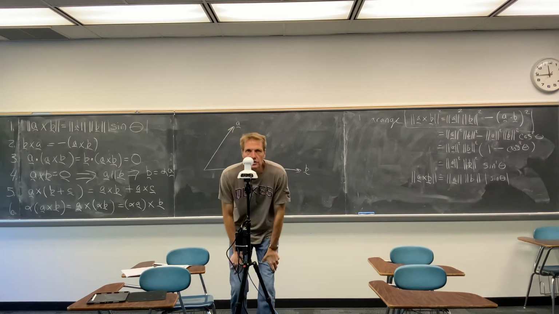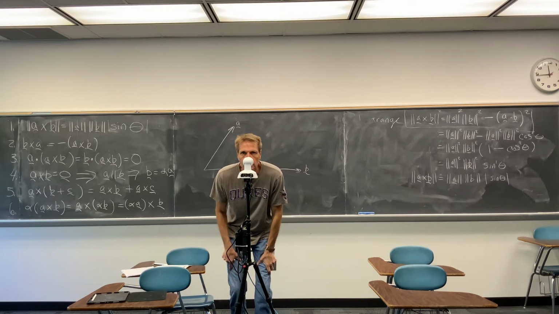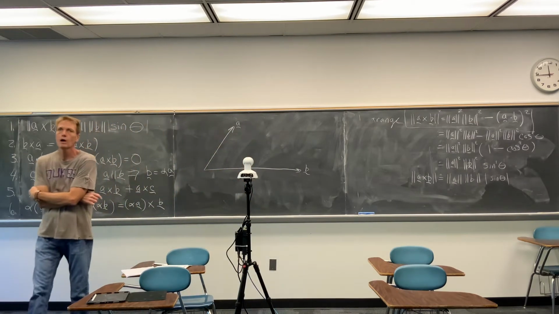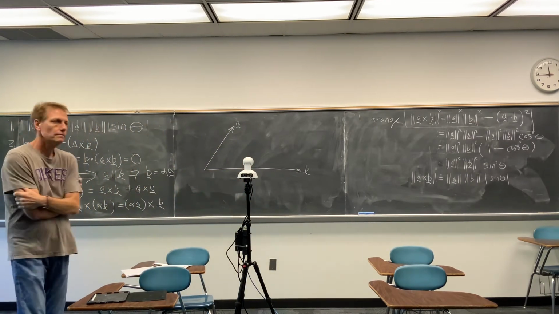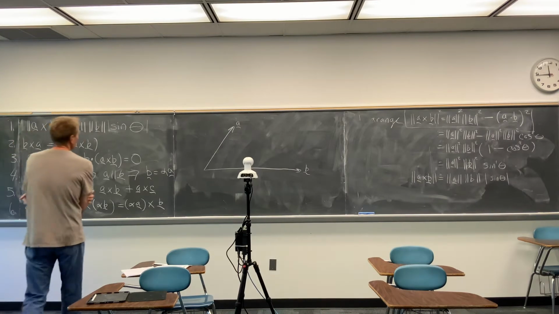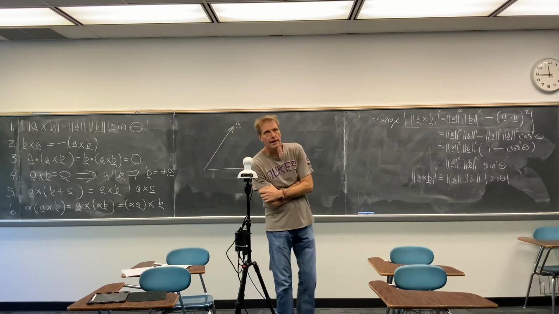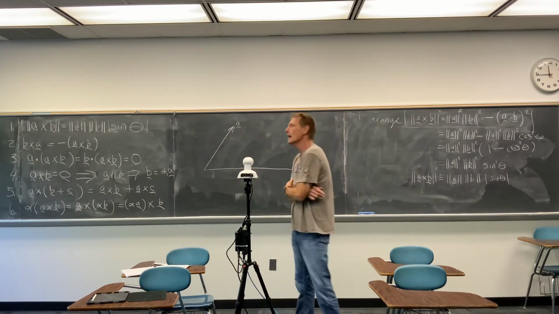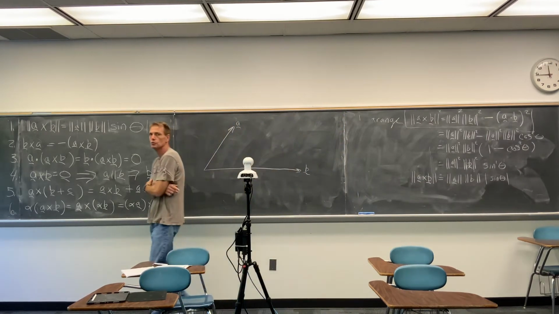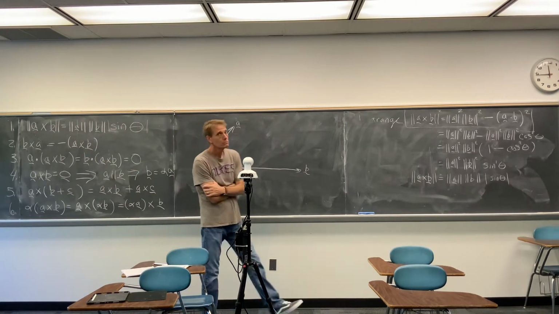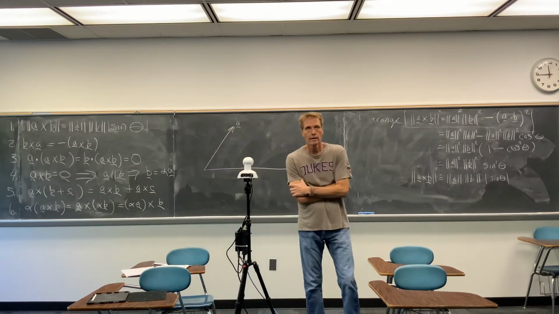Okay, A dot B is equal to the norm of A times the norm of B times the cosine of theta. I've drawn 2 vectors, you draw these vectors. A dot B is equal to the norm of A times the norm of B times the cosine theta.